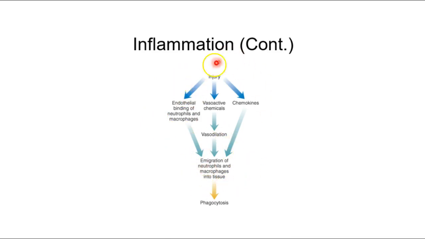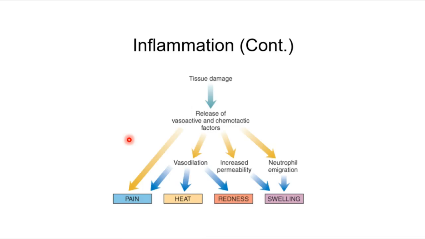Again, this pathway is just specific to how we get white blood cells to an area. We'll talk about pavementing in a second. We will have the white blood cells circulating through the capillary bed, and in the presence of these chemokines, they're going to start binding to the epithelium and being pulled through the epithelium. And we'll see what that looks like in just a minute. It's pretty great, actually.